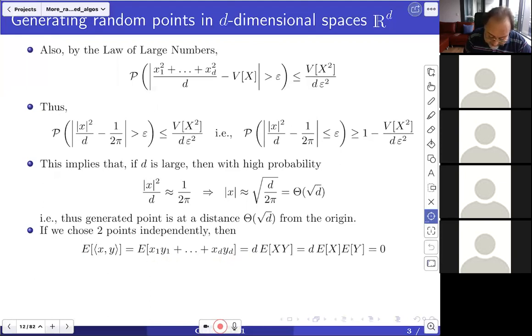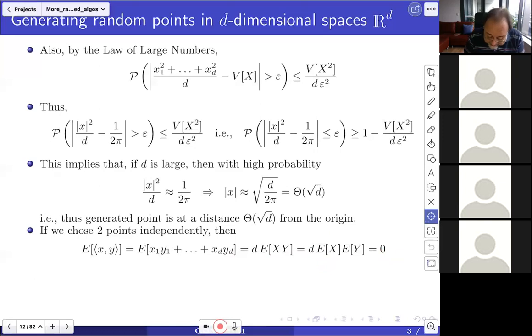So this is d times the expected value of xy. But if you generate the 2 vectors independently, then the expected value of xy is equal to the expected value of x times the expected value of y. And we choose our probability distribution to have expected value of 0. So this will be approximately 0.